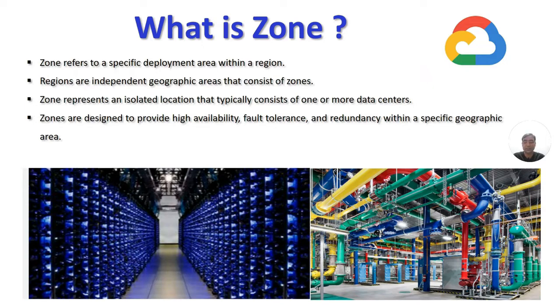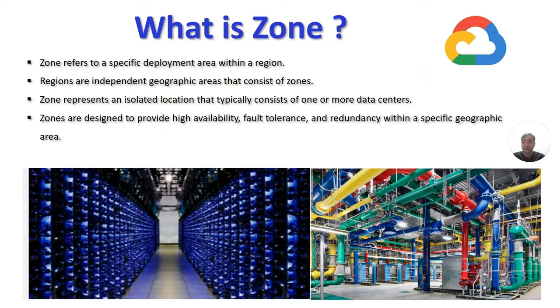Zonal resources offer low latency communication and high availability within the zones. Low latency refers to the minimal amount of time it takes for data to travel between source and destination in a computer system or a network. In other words, it is the delay time experienced when transmitting information from one point to another.